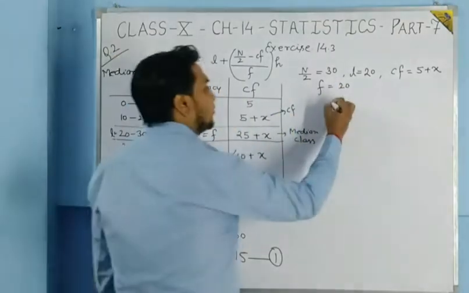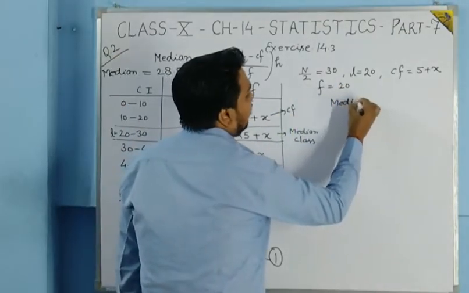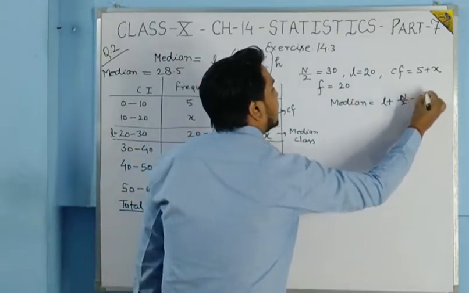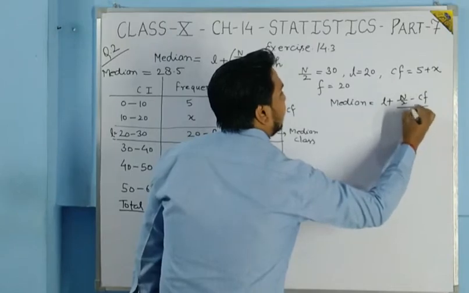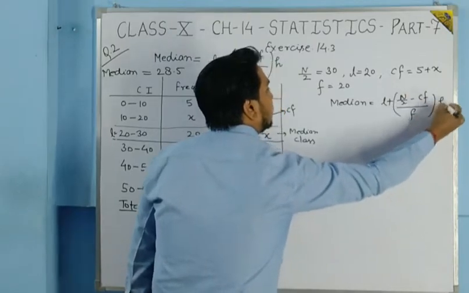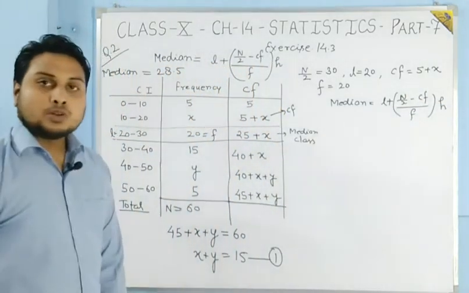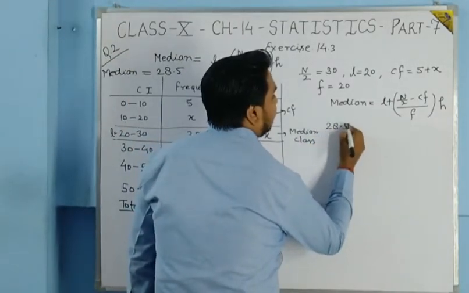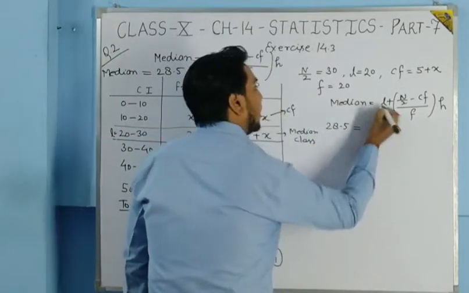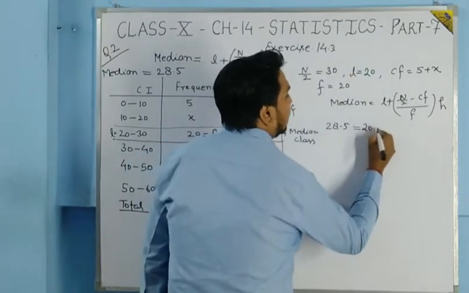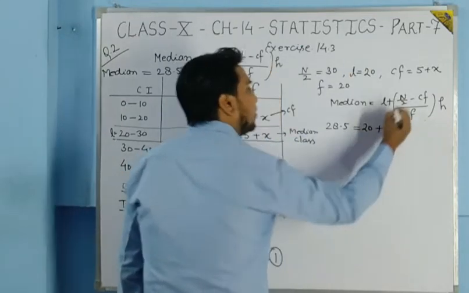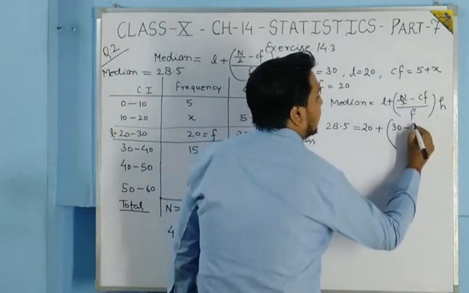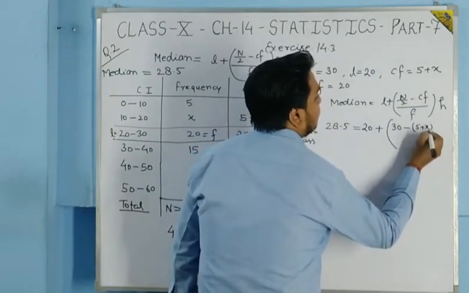Now students, we should apply the formula, and the formula I have written is L plus n by 2 minus CF upon F into H. Okay, so the median is given, 28.5 is equal to L, L is 20, plus n by 2 is 30, minus CF, CF is 5 plus x.